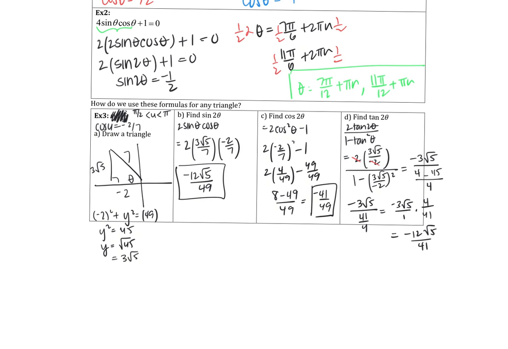Actually, I'm sorry, because we have a double negative right here that I accidentally messed up. This is -41, so that's going to be actually a positive 12√5/41.